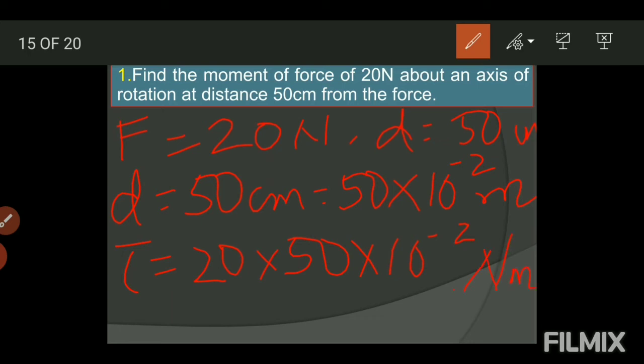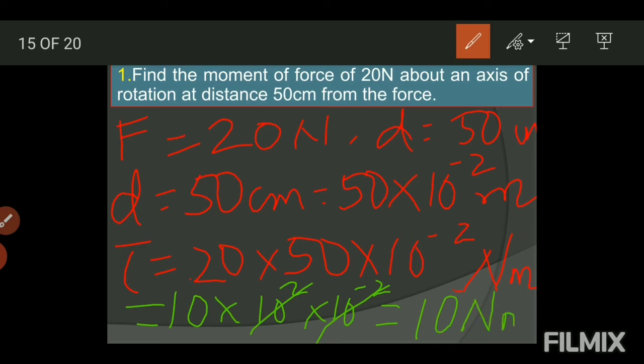Tau is equal to 20 into 50 into 10 to the power minus 2. So now because the force is in Newton and the distance is in meter, you will get the answer in Newton meter. So 2 into 5 is 10 into 10 to the power 2 into 10 to the power minus 2. 10 to the power 2 and 10 to the power minus 2 get cancelled. So your answer is 10 Newton meter.